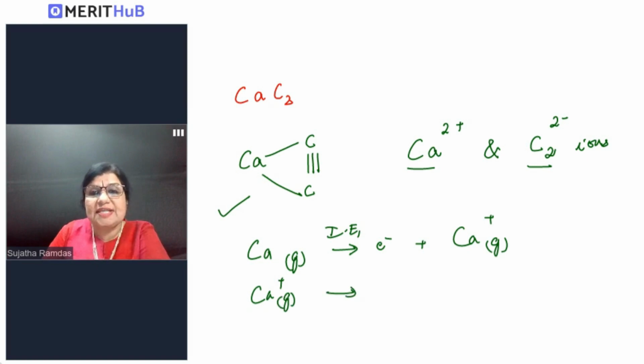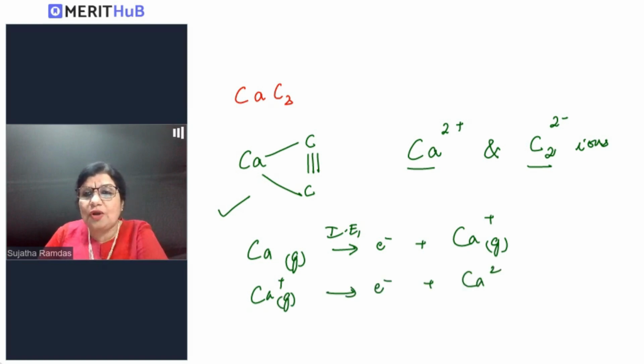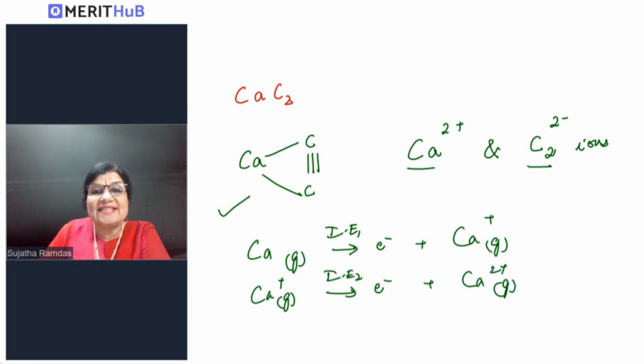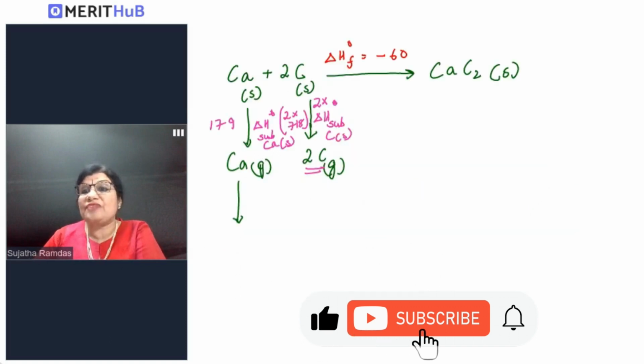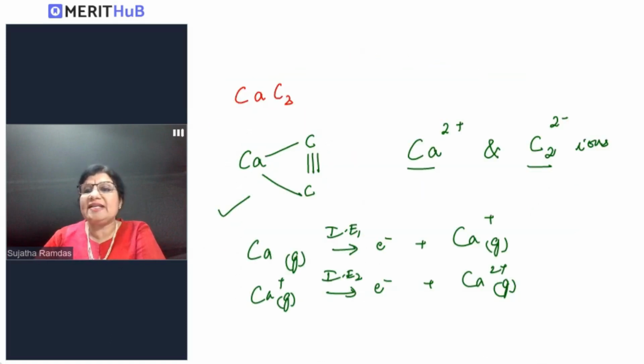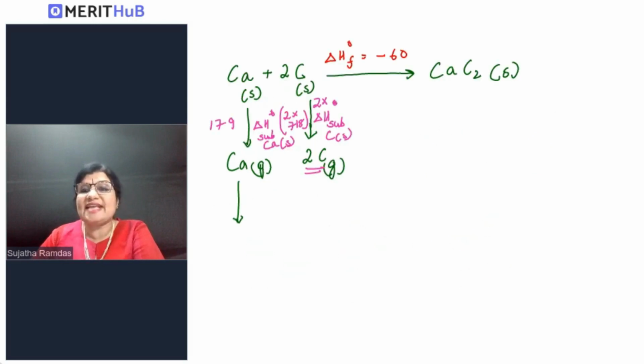Ca+ gaseous will lose 1 more electron to form Ca2+ gaseous, and we call it the second ionization energy. The first ionization energy is lesser than the second, because removal of the second electron requires a larger amount of energy, as the electron is removed from a positive ion, with greater effective nuclear charge.